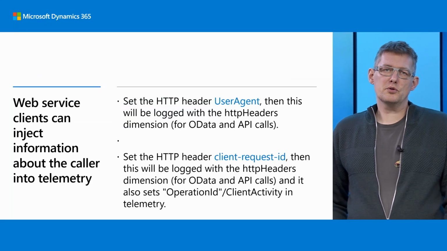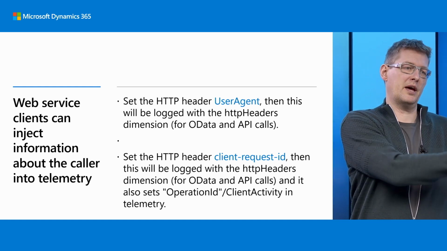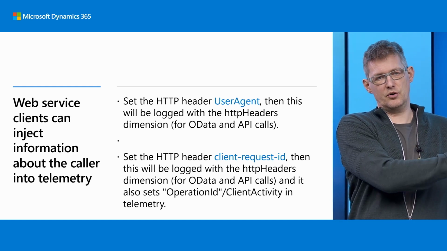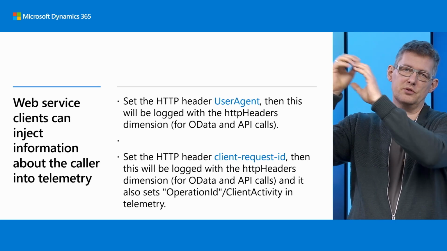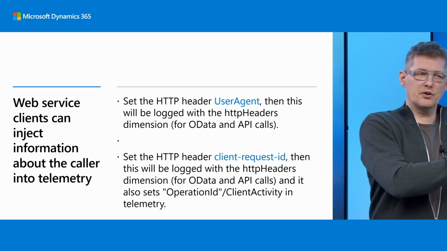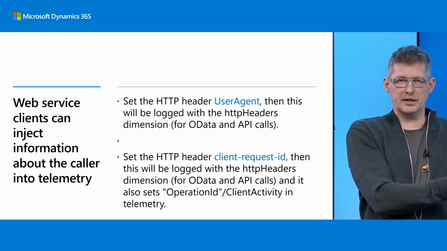If you use web services to call Business Central, you would have a client code somewhere. If you are not using Power BI or Power Automate or some of the services, you write code to write a web service client.